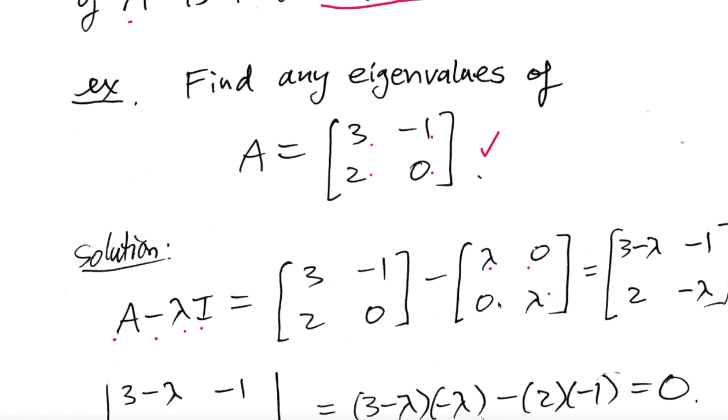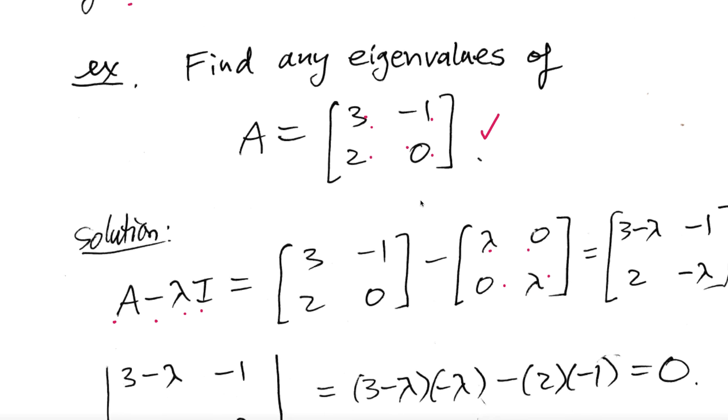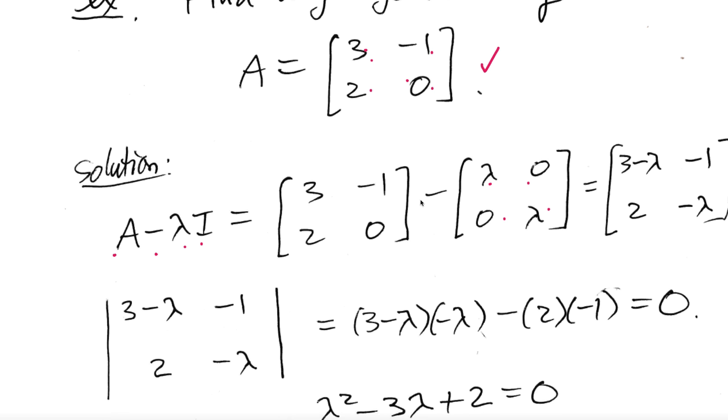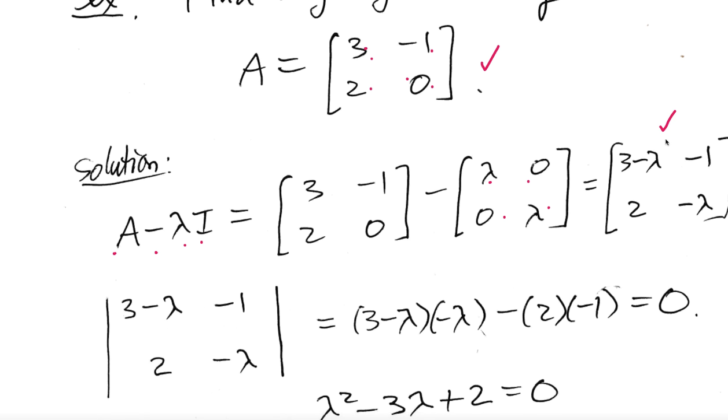If I take the difference between these two matrices, I get 3 minus lambda, -1, 2, and then minus lambda. What I've really done is just come down the main diagonal and subtract lambda on the main diagonal elements. Do you see where that matrix came from?